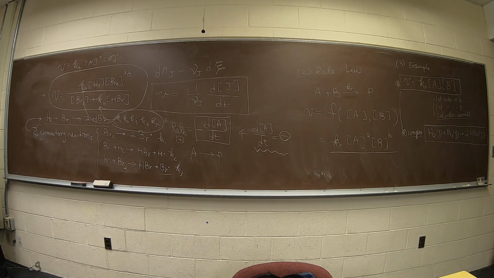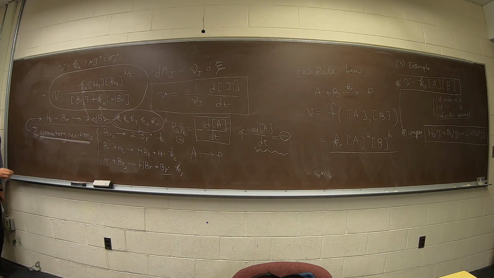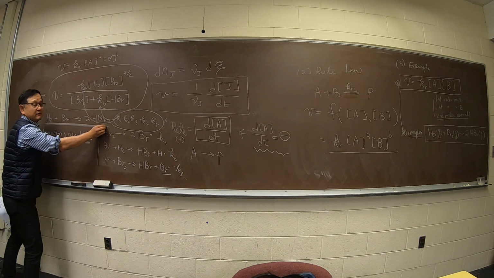It's not easy. But what I'm trying to say here is that you have to build up the eyes for what we call an elementary reaction or not. This is actually a very complex reaction.